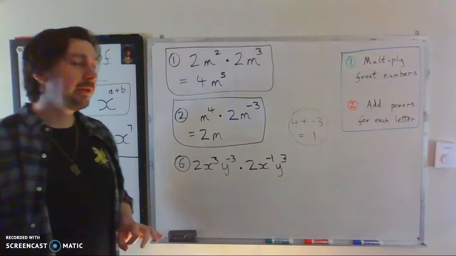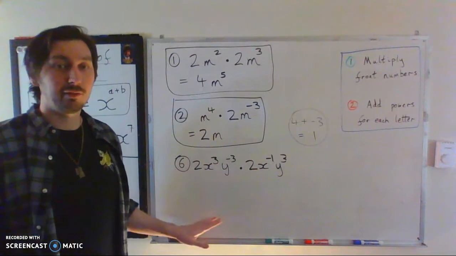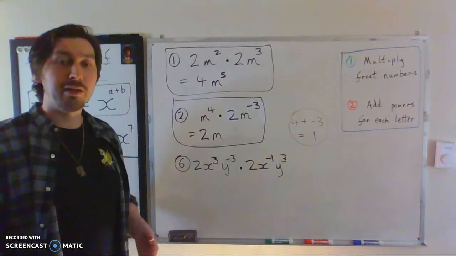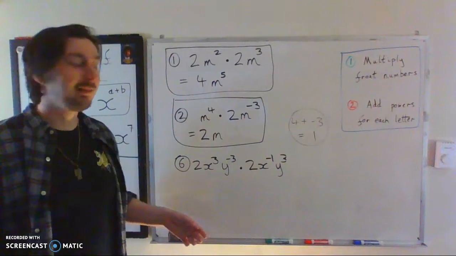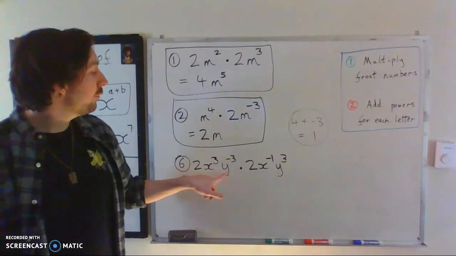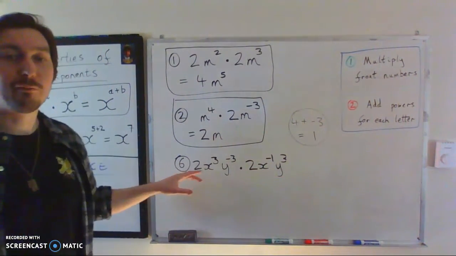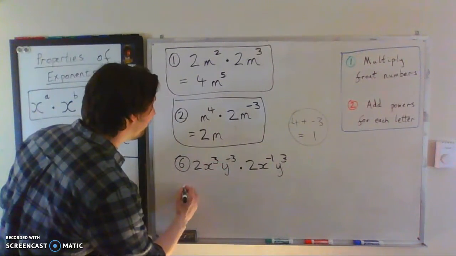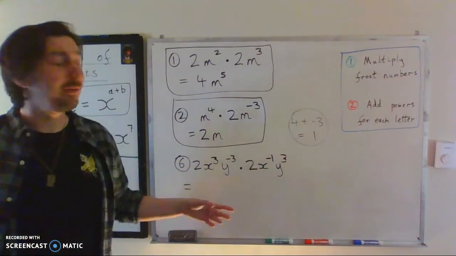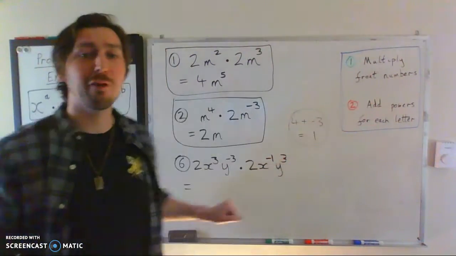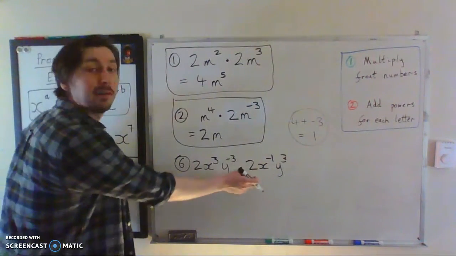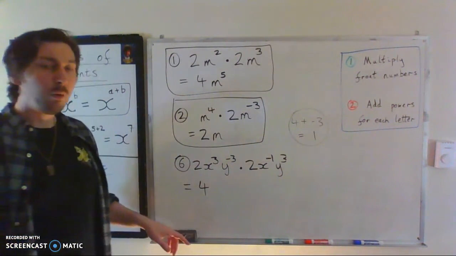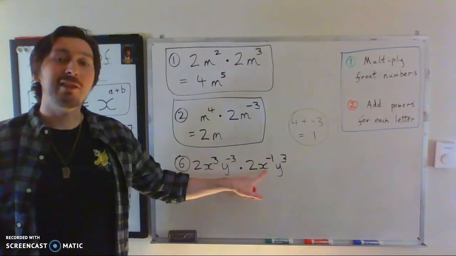And then finally, I've got number 6 from your worksheet. This is probably the most challenging thing you'll do this week, in terms of math at least. And we've got 2 letters here, and we've got numbers in front and a couple negatives as well. Still, we're just following these 2 steps. Step 1, multiply the front numbers. So I'm going to do 2 times 2. And now multiply the x's together.